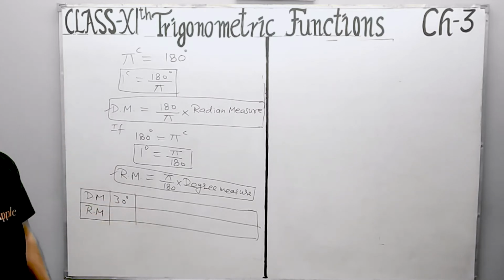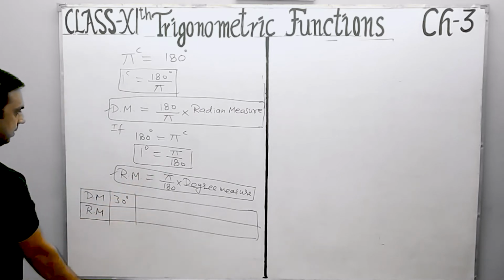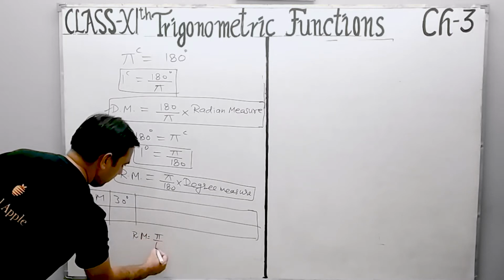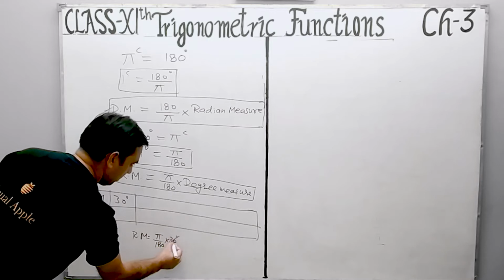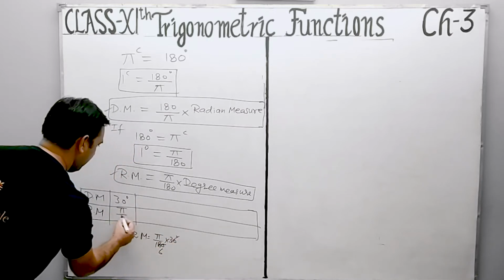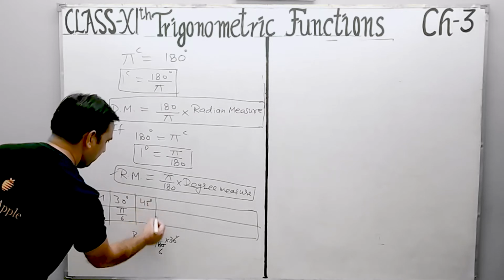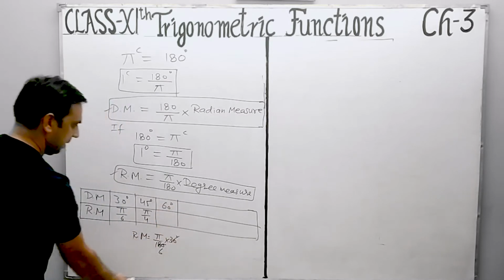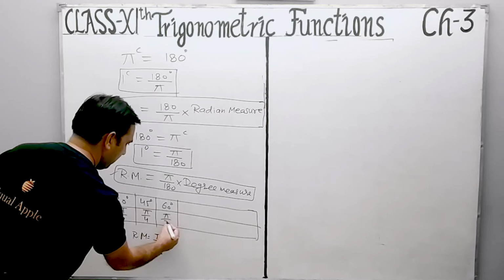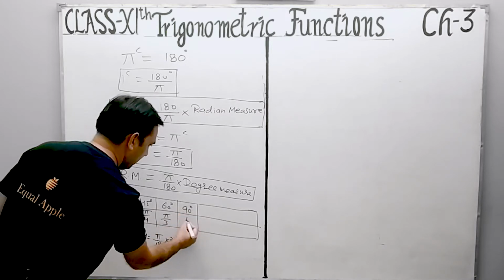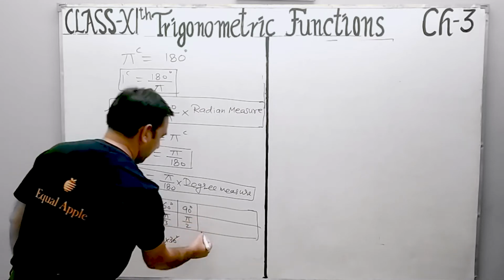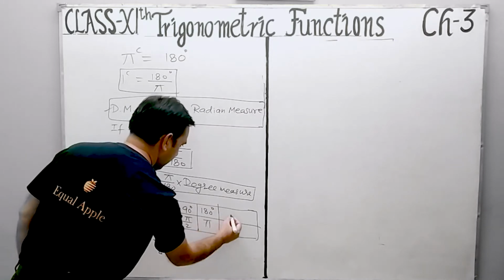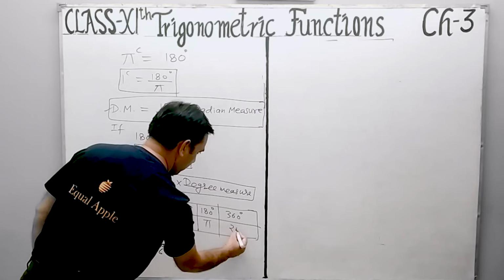The value of 30 degree in radian measure will be pi upon 180 into degree, so it will be pi by 6, and 45 degree, similarly, will be pi by 4, and 60 degree will be pi by 3, and 90 degree will be pi by 2, and 180 degree will be pi, and 360 degree will be 2 pi.